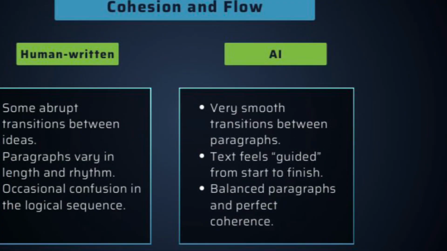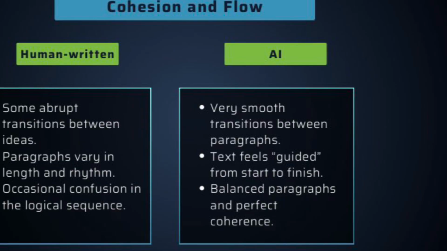Finally, the fourth big difference between human written projects and artificial intelligence written projects would be in the cohesion and flow of the text. In the human written, we can find that some ideas may feel abrupt. There are some transitions between ideas that may feel abrupt.